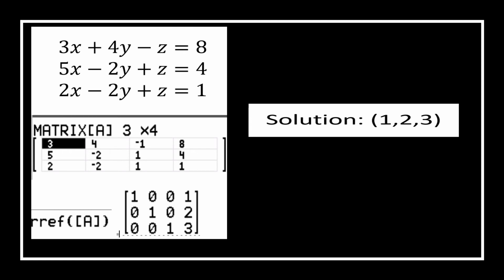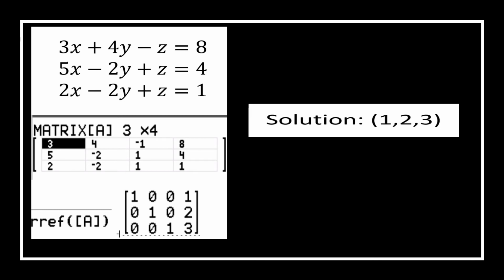Select the reduced row echelon form of this matrix. That gives a matrix 1, 0, 0, 1, 0, 1, 0, 2, 0, 0, 1, 3. The first three columns give us the unit matrix, and the last column gives us the solution, that is x is 1, y is 2, and z is 3.